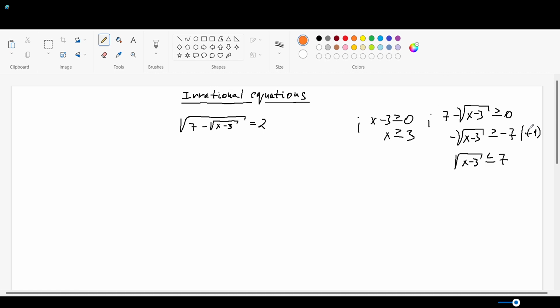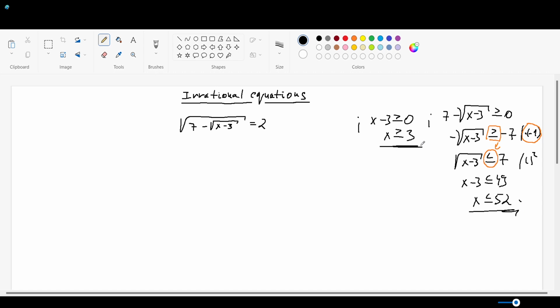As we did multiply by a negative number to both sides, the inequality sign is changed to the opposite one. Now we can square both sides, so x minus 3 must be less or equal to 49, so x must be less or equal to 52.